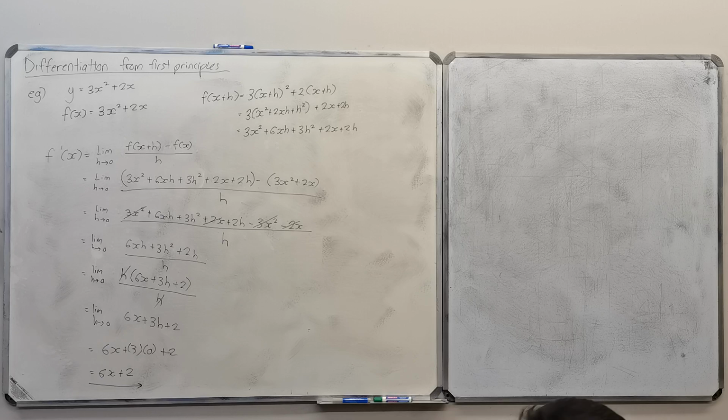Remember, f of x would have been x to the power 10. F of x plus h would have been (x plus h) to the power 10. And then you're going to have to expand 10 brackets of x plus h.